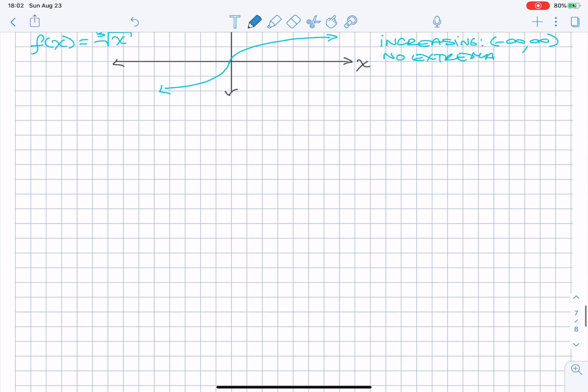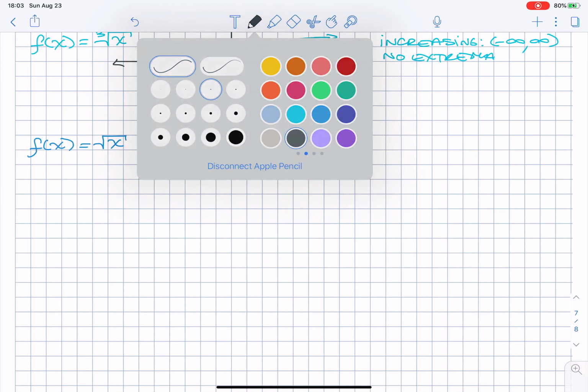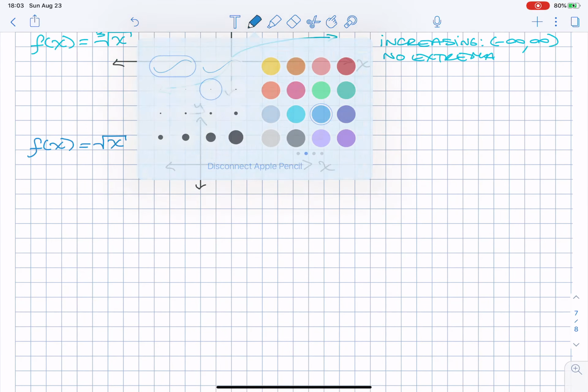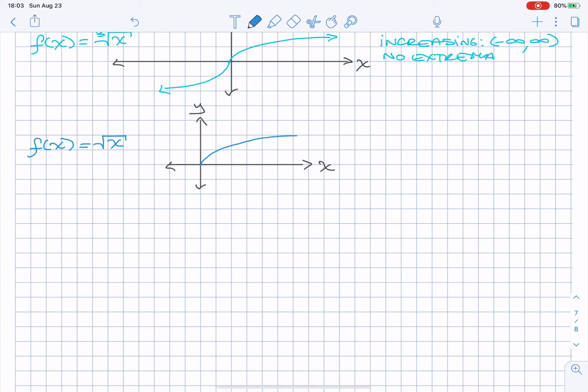Let's look at the square root. So f of x is equal to just the square root of x. So half a parabola opening to the right.